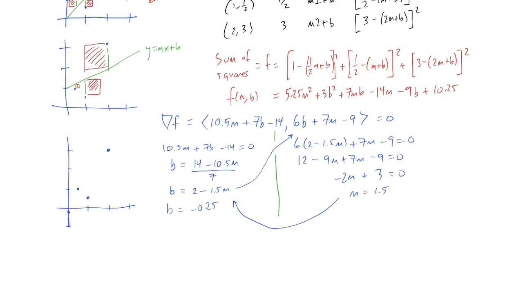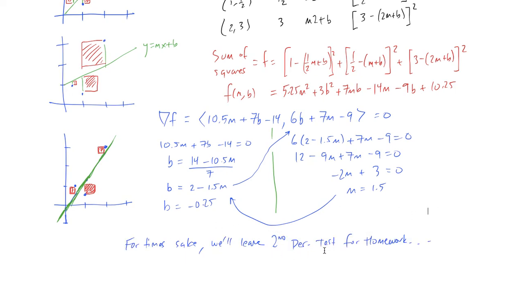So negative 1/4 plus 1.5 is 1.25, so that's right there. That's our line, and so our square errors are these. The claim is that this area is the minimal area.